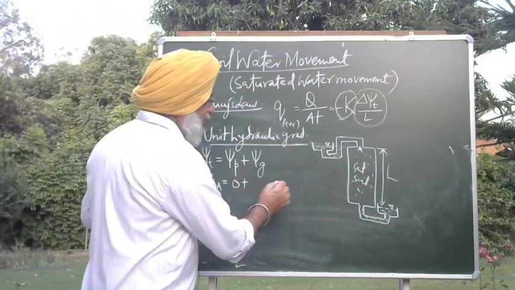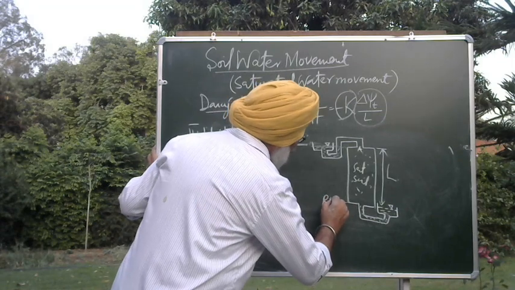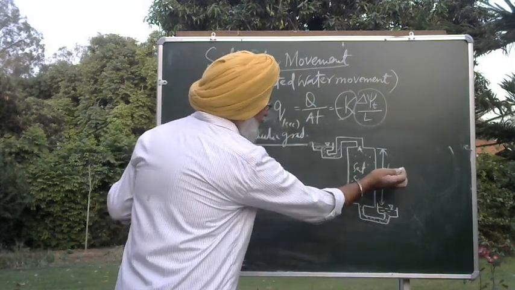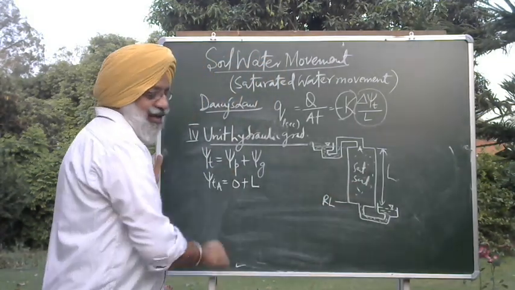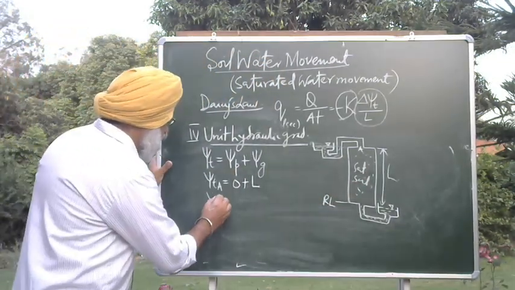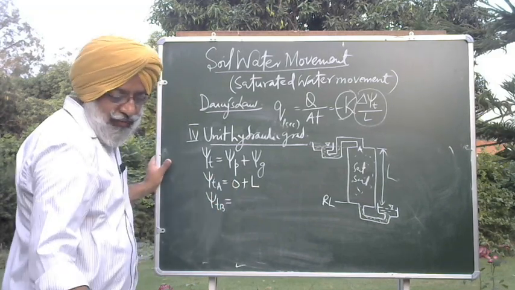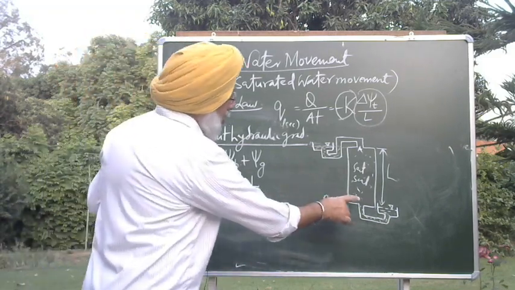Plus gravitational potential, this is our reference level. So above the reference level, the distance between A and the reference level is L. So 0 plus L.